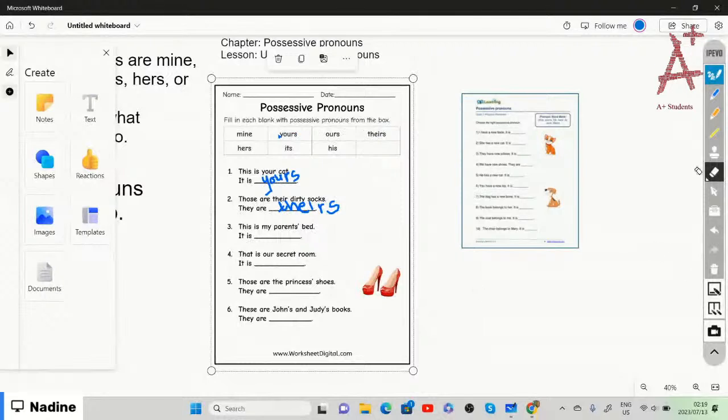So if this is your parents' bed, then it means that it is theirs, right? So it is theirs because it's their bed, right? This is our secret room. So if this is our secret room, then it means that it is ours.